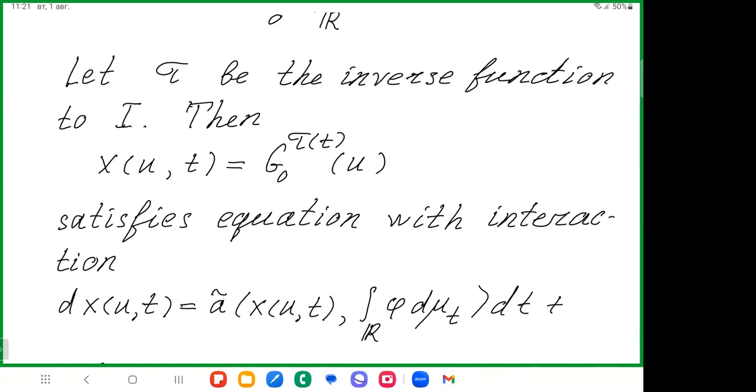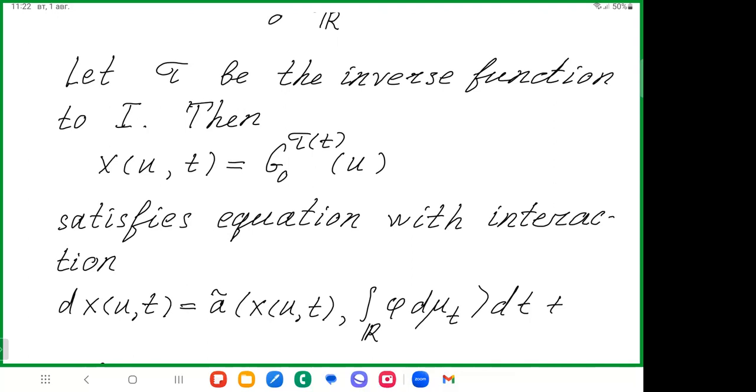So the picture is like the following. We have the ordinary differential equation. We have a stochastic flow with no interaction. And we introduce interaction just by looking at the weights which are collected by some fixed function phi. And we just make a time change.